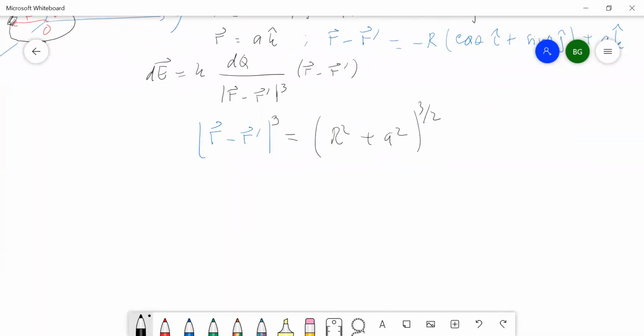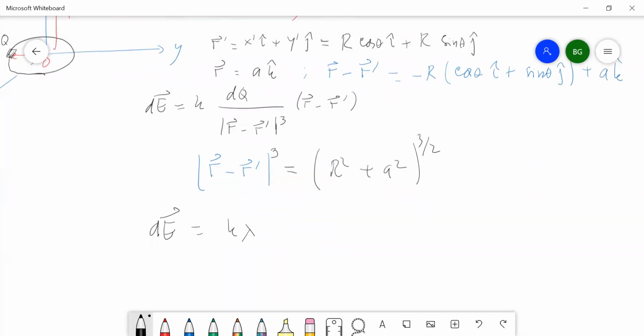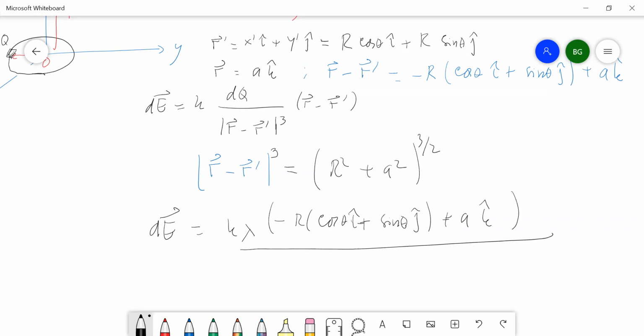So dE equals k lambda times minus r cos theta i plus sin theta j plus a k over r squared plus a squared to the 3/2, times d theta.